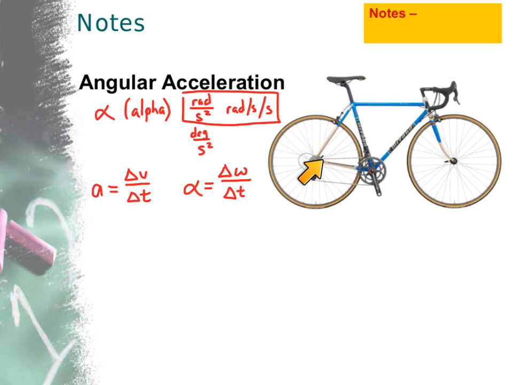So as this wheel is spinning faster and faster, that means we would have a positive angular acceleration. And as it is slowing down, you could see that this angular acceleration is getting closer and closer to zero.